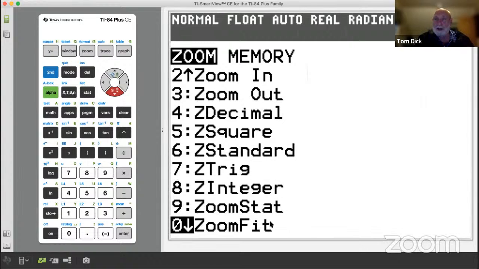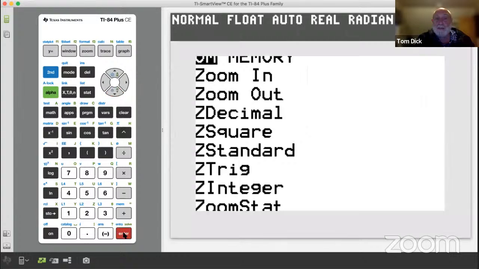And what zoom fit does is it leaves your x min, x max, whatever they are, alone, but then it samples those x values and figures out a good range for you, something that's going to include your minimum and maximum values for your function, or in this case, two functions. So let's go ahead and try that and see what happens.